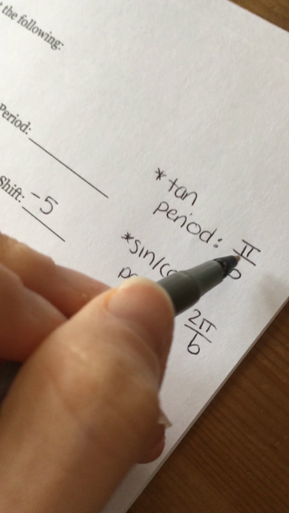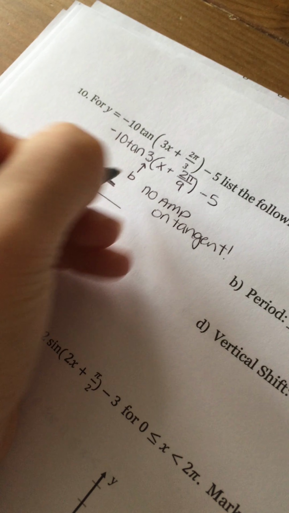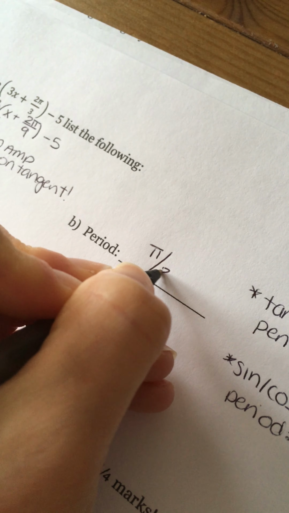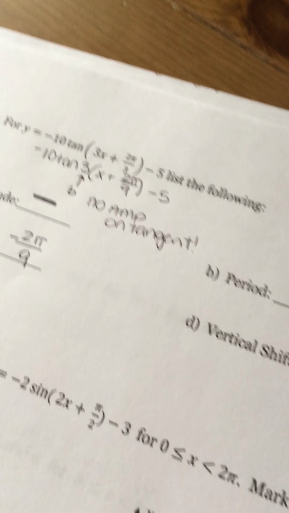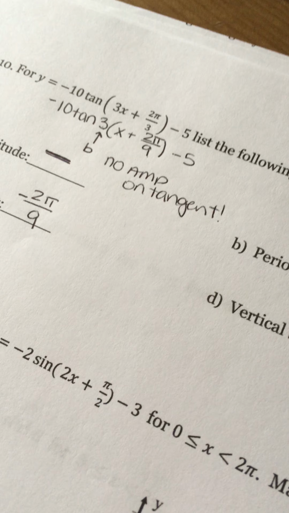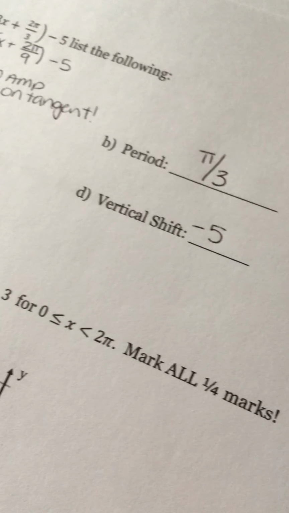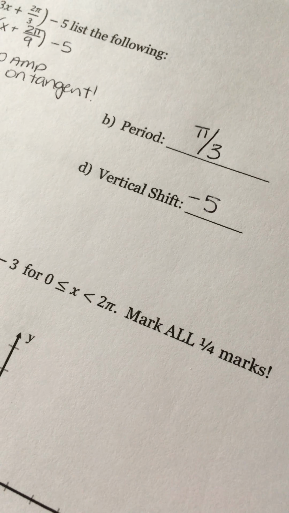This is a mistake a lot of people make. So the b is this number 3 in front of those parentheses. So my period here is just going to be pi over 3, not 2 pi over 3, just pi over 3. So a couple of things here. Factoring out the 3, there's no amplitude because it's a tangent, and then we have a period, just remembering the period is pi over b for the tangent function.